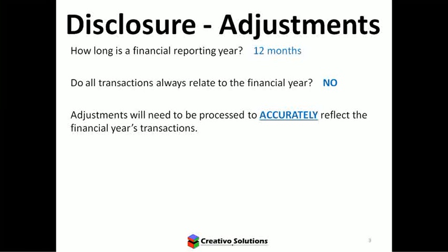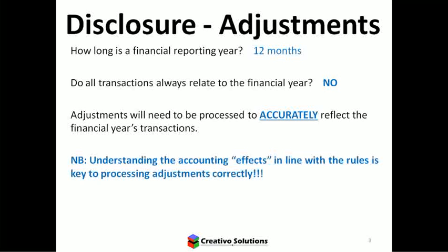When processing adjustments, we need to make entirely sure that they are accurate and they meet the 12 months that we're looking at in terms of accuracy, because we need to look at the actual effects that they have on the accounting records of the books of the business. So remember, we're looking at rules. Rules are important.